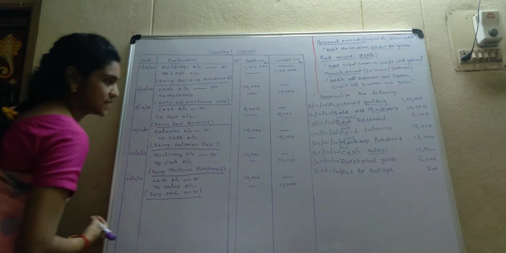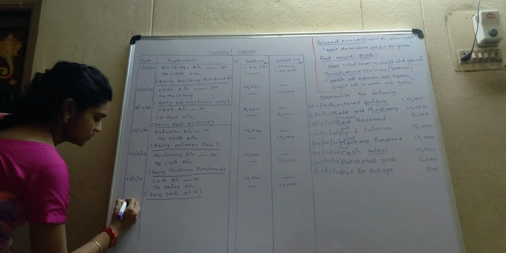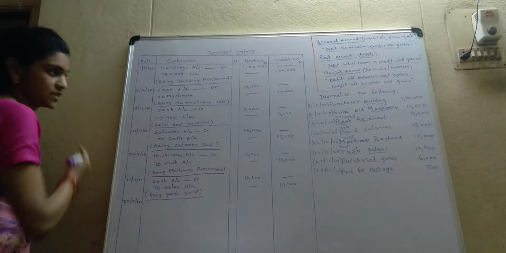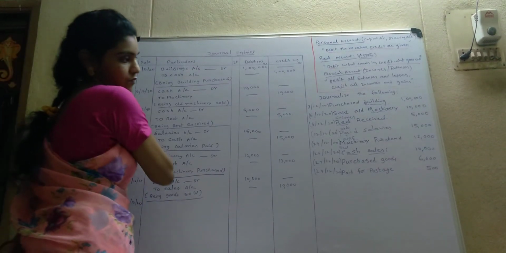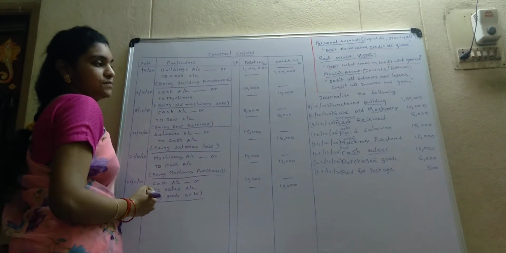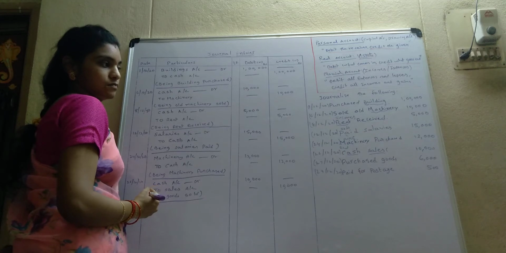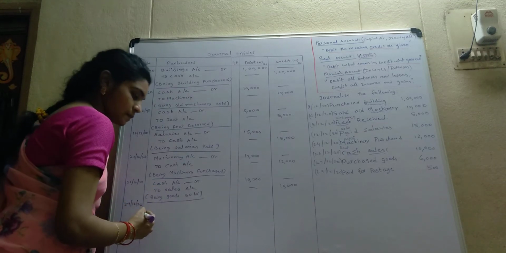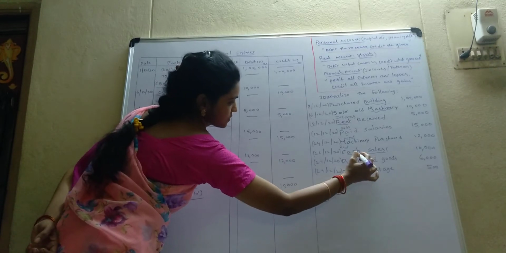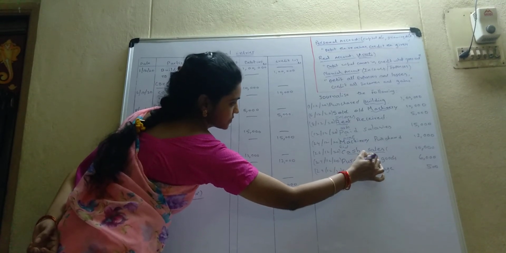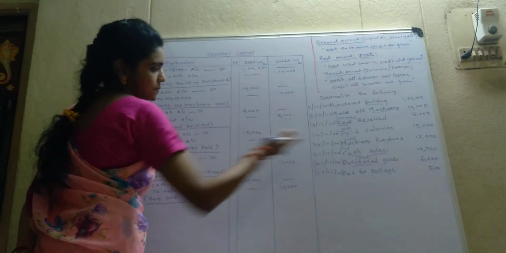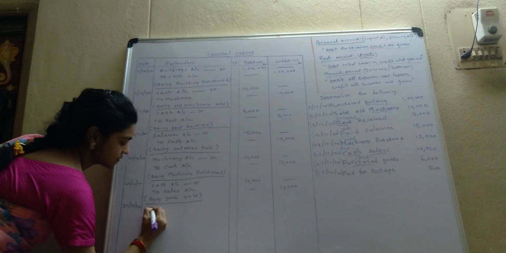And what's the next transaction? That is on 27/12/20. Purchased goods. If we purchase goods, what comes in? Purchases belongs to real account. What is the rule? Debit what comes in. What comes in? Purchases comes in.